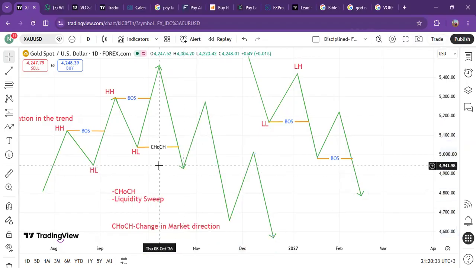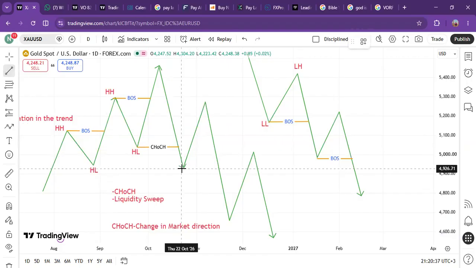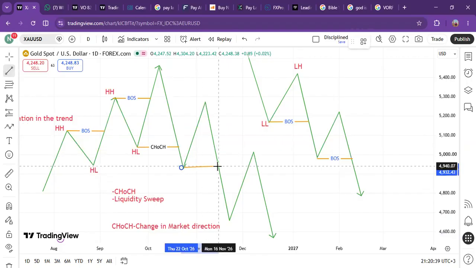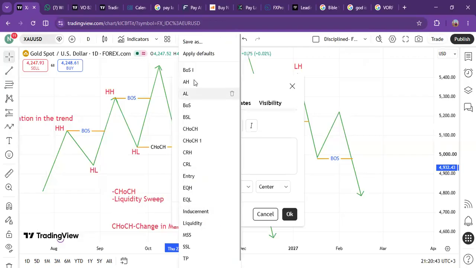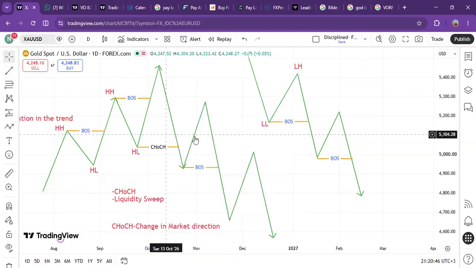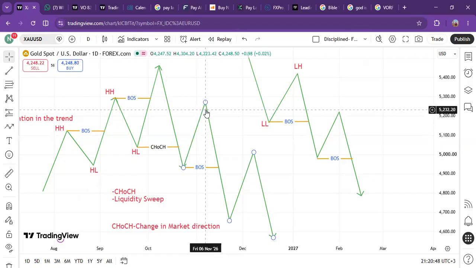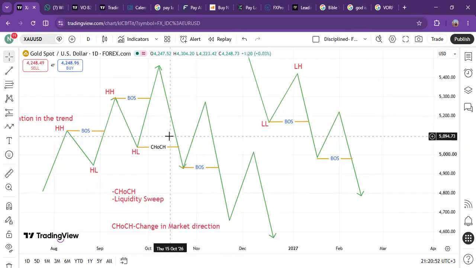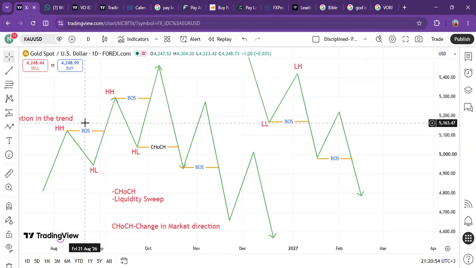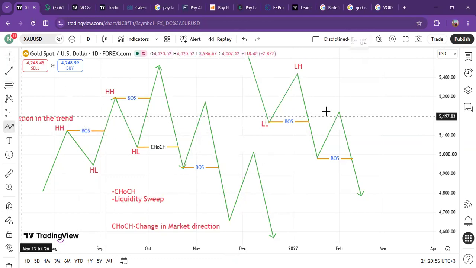Okay, so what is the difference? The difference comes in if you have the break of structure there. So if that break of structure happens, everything else changes. Now you should be looking for sell opportunities and not buy opportunities. Okay, so same thing.